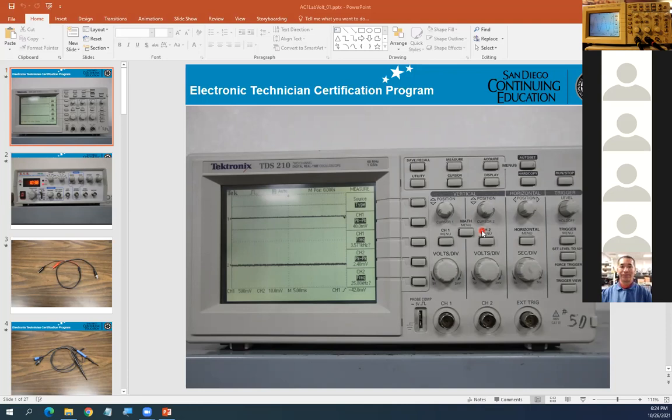But the very important thing for the digital oscilloscope here, normally we tell you to press the auto set measure. You must understand what happens if you press auto set measure. It automatically does everything for you.